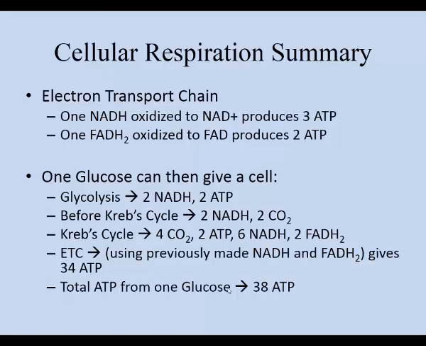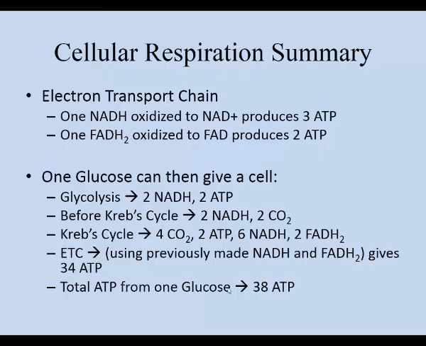Same thing for bacteria and the eukaryotes. The Krebs cycle will produce 4 carbon dioxides, 2 ATPs, 6 NADHs, and 2 FADH2s. Notice we're making a lot of these electron carriers, these NADHs and FADH2s. And then they go to the ETC, the electron transport chain, and they're going to make 34 ATPs. So in total, we're going to see 38 ATPs made from one glucose molecule, which is pretty cool.